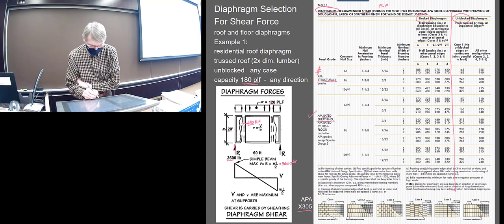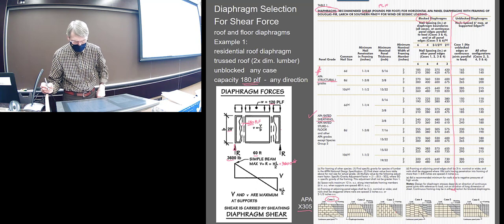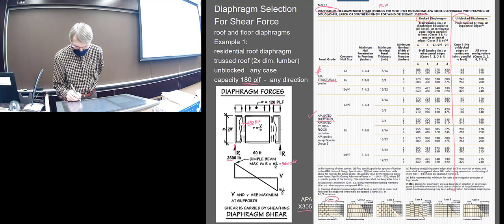Okay, then you've also got these cases down here, right? This is how it's attached to the framing, to the joist, whether blocking is used, and all these different options. So you've got four. You have to look at them kind of closely to see which matches your situation.